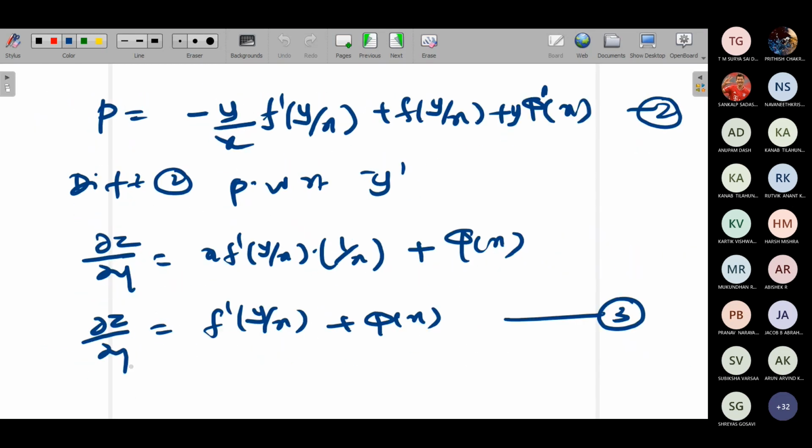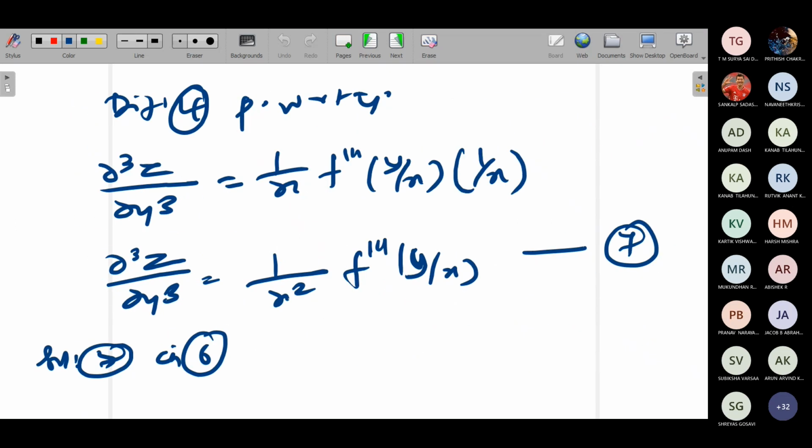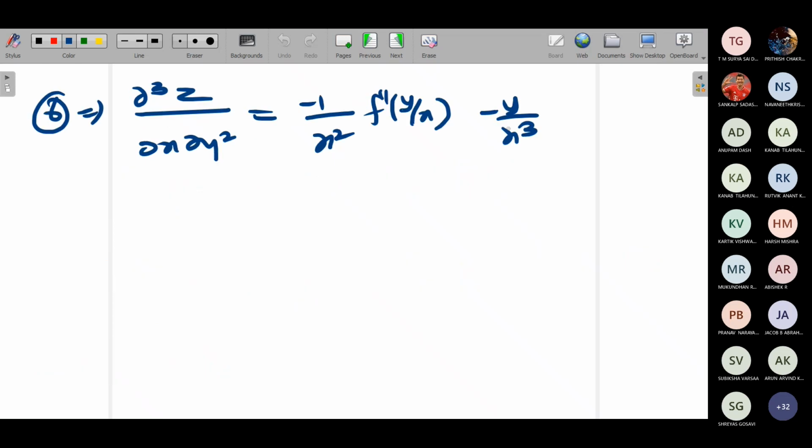What's the value of f triple dash of y by x? It will be x square into ∂³z by ∂y³.